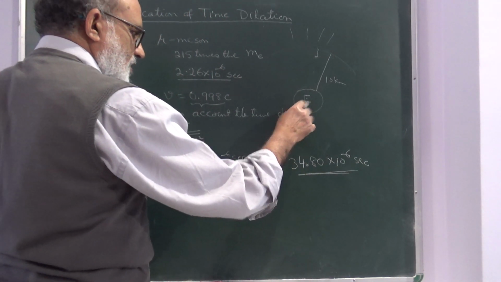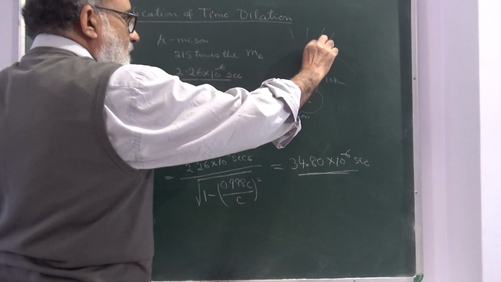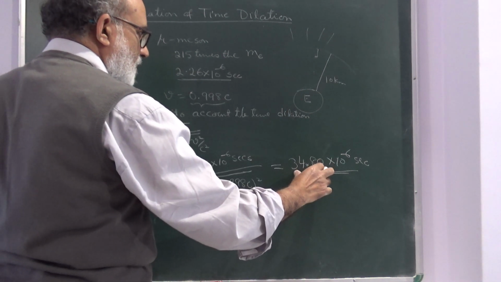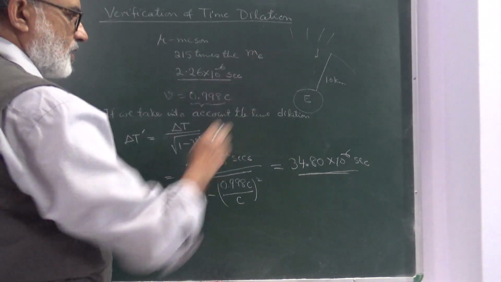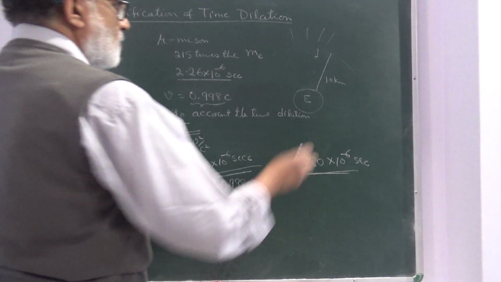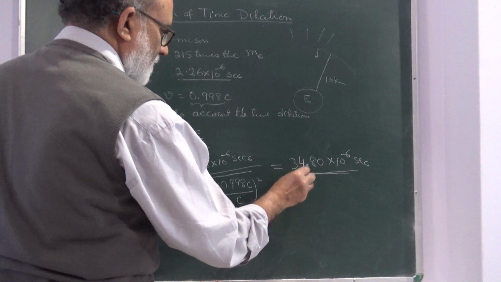Now, according to us, it must decay in this much time, and it's moving with this velocity. You can measure the distance up to which the muon meson must have traveled in this time.